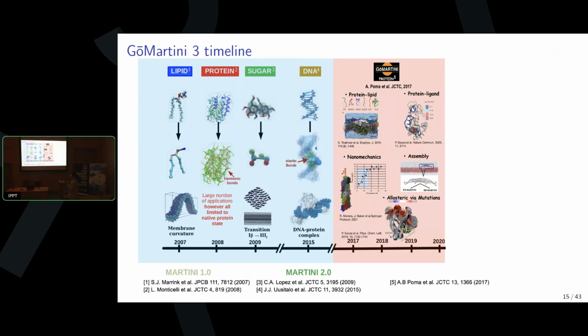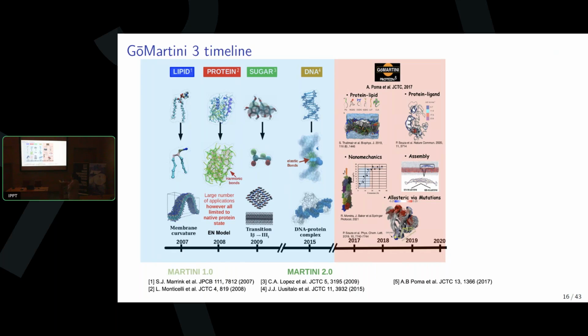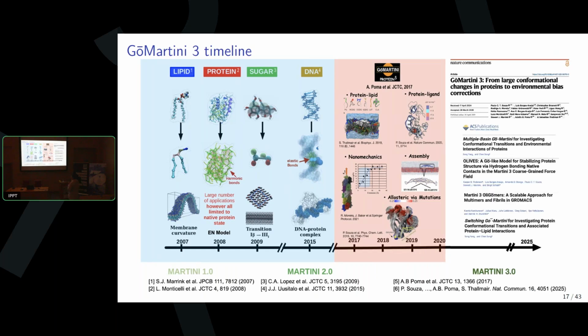And then recently, in 2020, came what is called the Martini 3 potentials. We teamed up with the whole Martini community in order to parameterize our GōMartini into the new version, Martini 3.